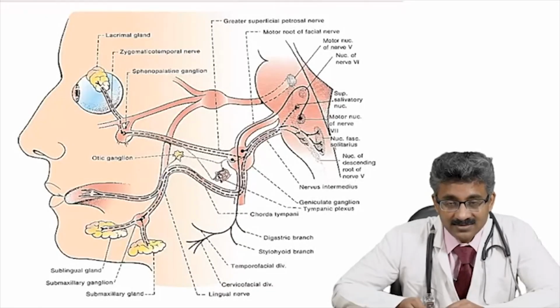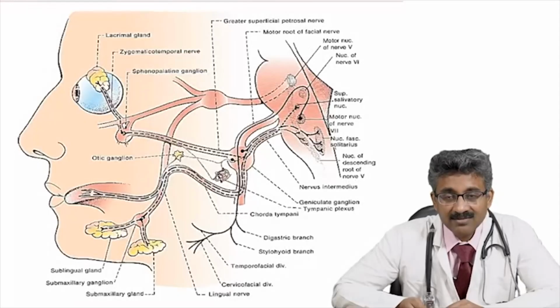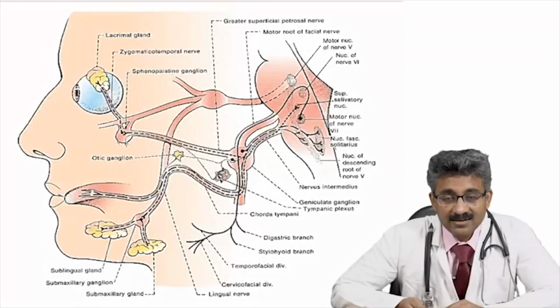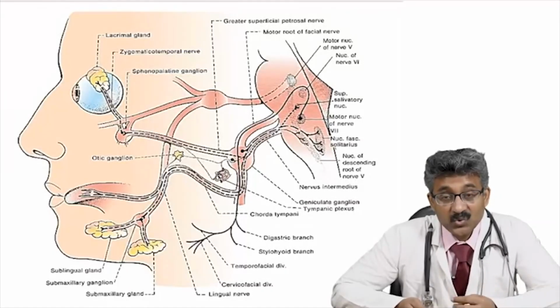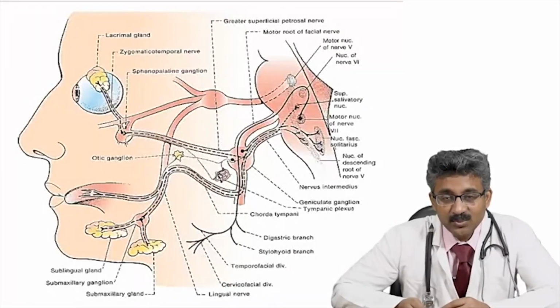The geniculate ganglia are included in the facial canal, and then the greater petrosal nerve, nerve to stapedius, and chorda tympani. So at these levels, you can localize depending upon the clinical features. Anatomy is so essential. If you know the anatomy, you can localize, and also enumerate the diseases produced at specific lesions. Okay viewers, this is about the facial nerve.